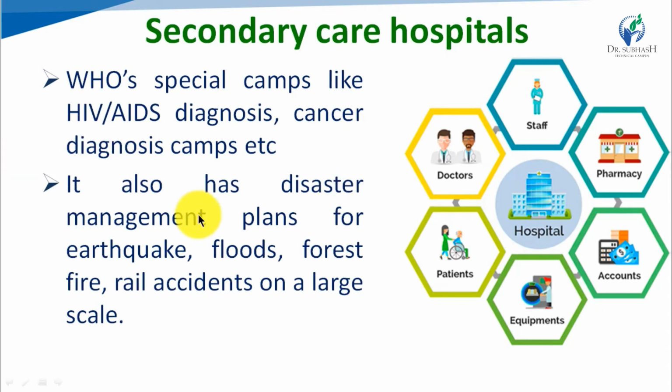Then it should also have a disaster management plan, for example in case of an earthquake, floods, forest fire, or rail accident. In such conditions there should be a facility or a management plan for such types of conditions on a large scale.